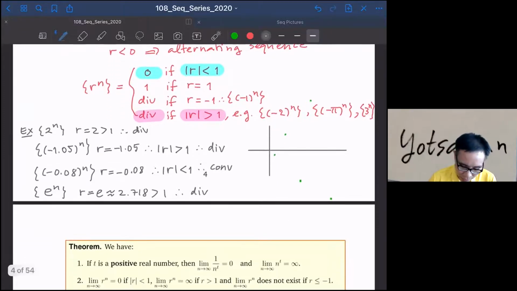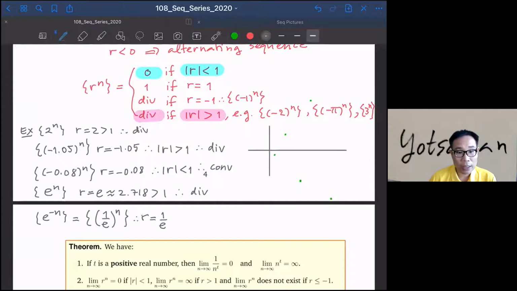But if I have e to the negative n, this sequence turns out to be 1 over e to the n, and you have r equal to 1 over e, and 1 over e is smaller than 1, about 1 over 2.718, so it would give you convergence.